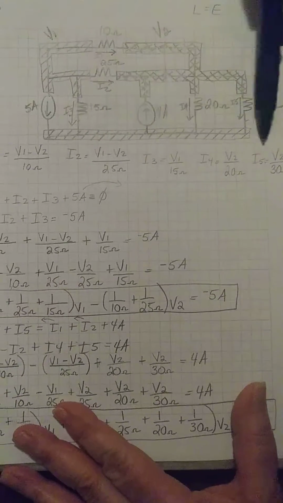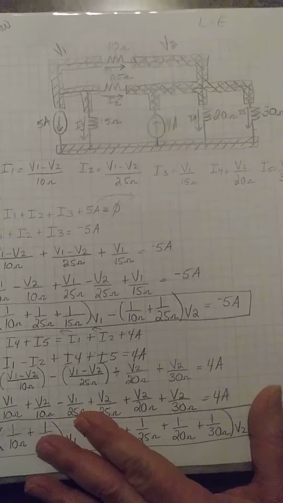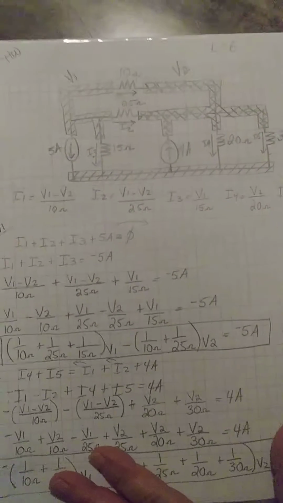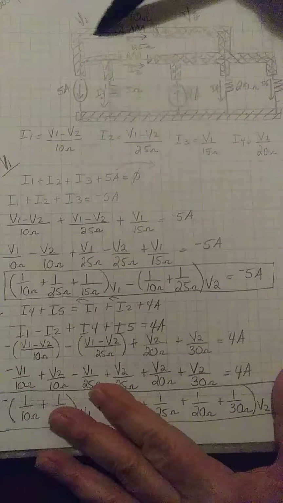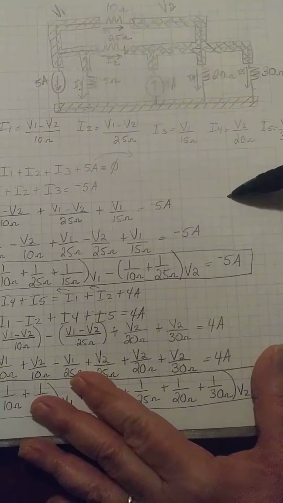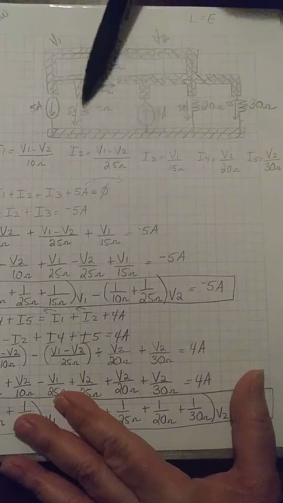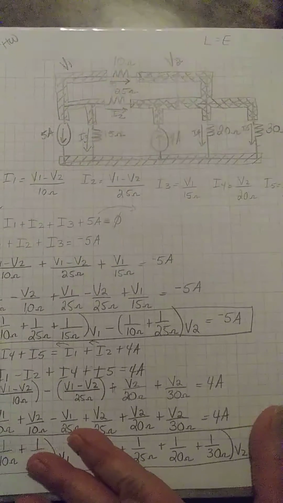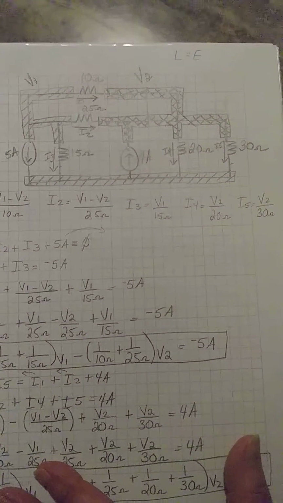So now that we've defined the currents, we're going to write our first equation for V1. The first thing we do is leaving equals entering. Looking at just the V1 node, what is leaving? Well, I1 is leaving, I2 is leaving, I3 is leaving, and 5 milliamps is leaving. And is there anything going into that node?